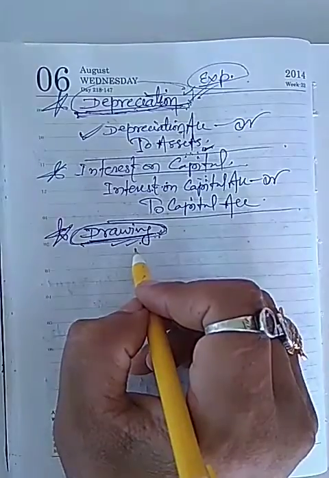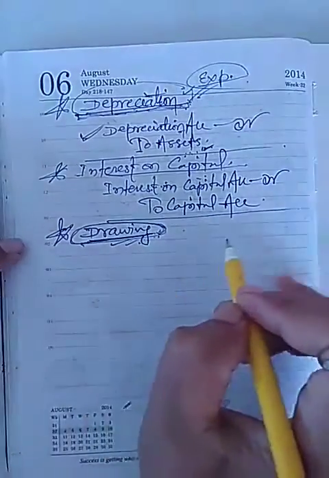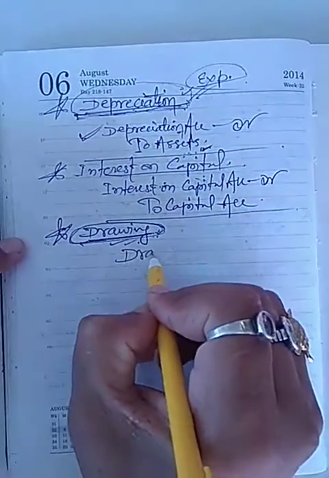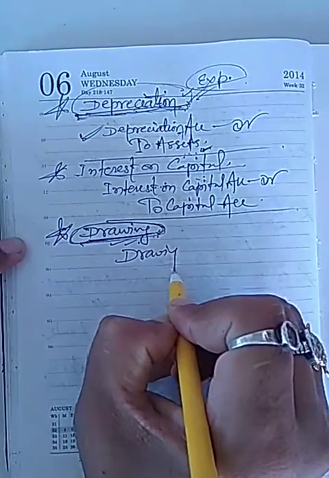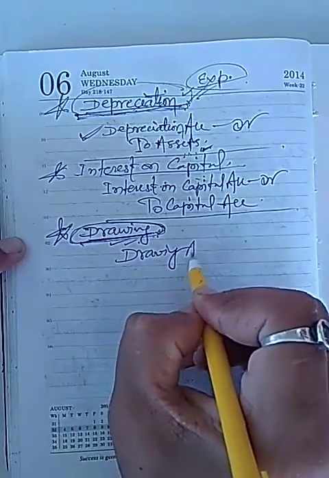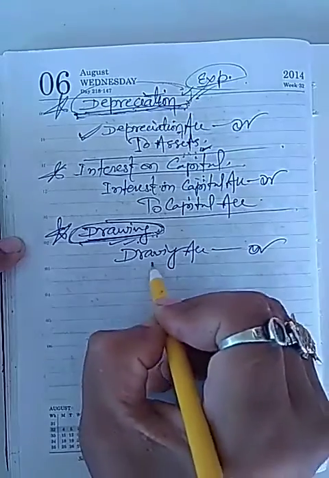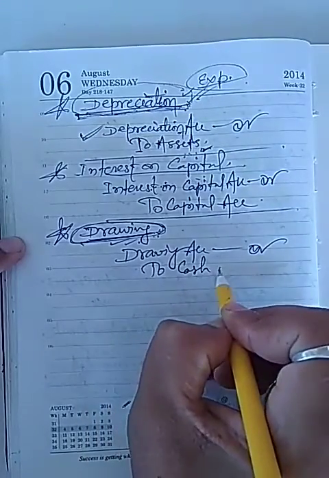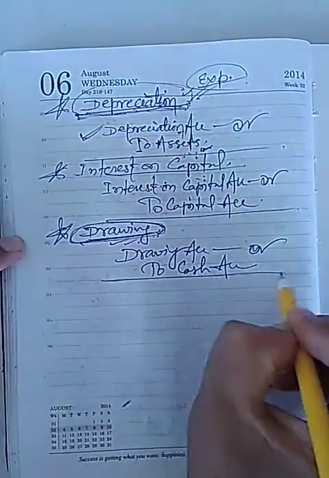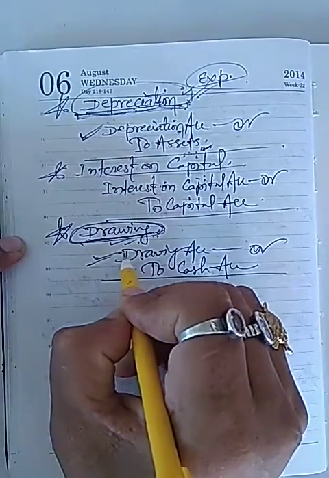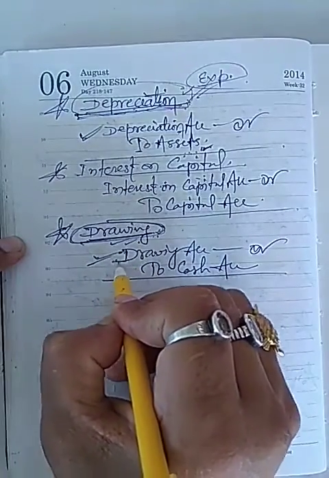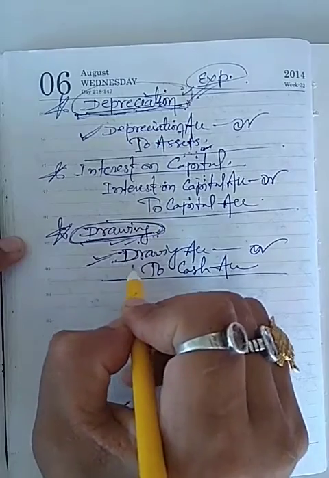So in this case, the journal entry will be drawing account Dr to cash account. Cash is going and drawing is made by the owner, proprietor.